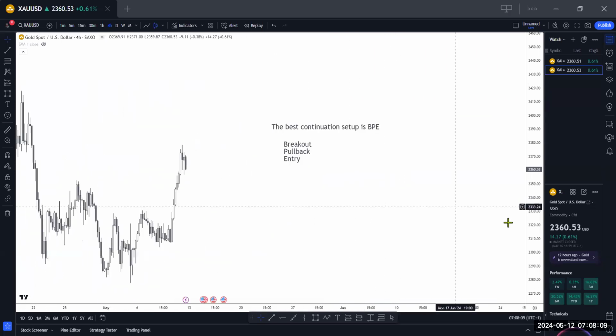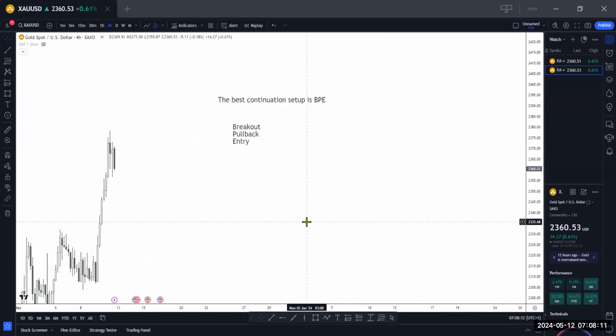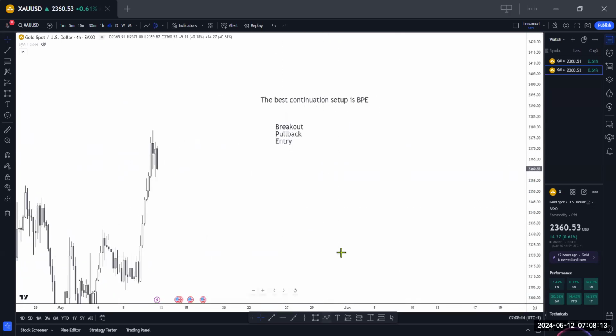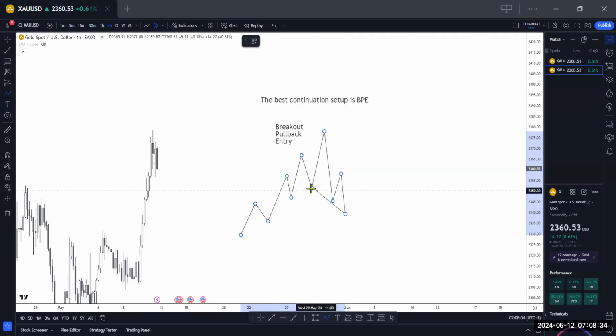The idea behind BPE is to always remember that on any particular time frame, you get two-time breakouts. We have something like this: breakout one, breakout two. So price took this and then took this out.